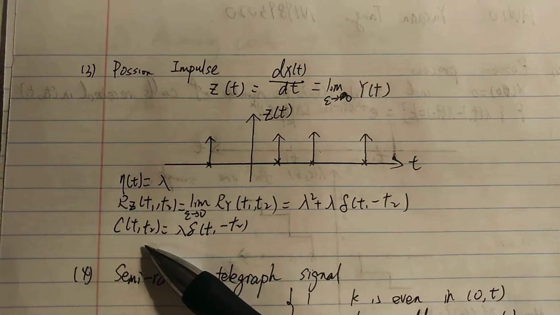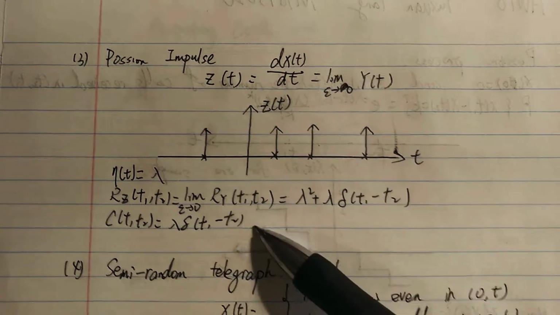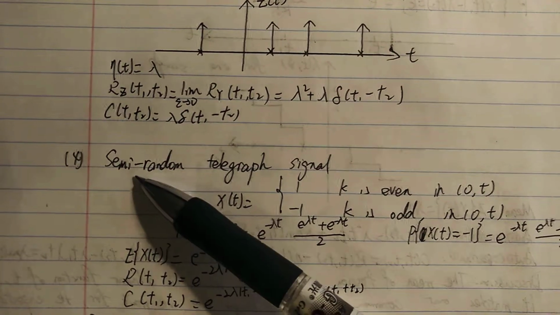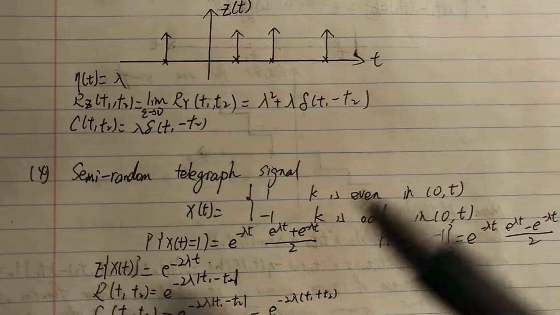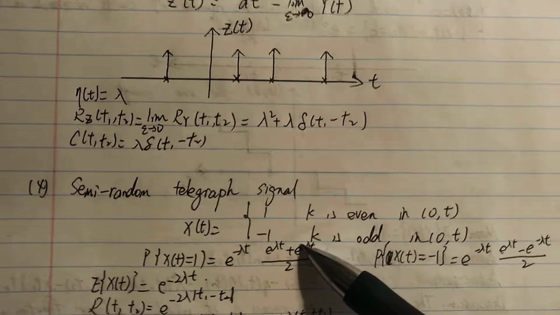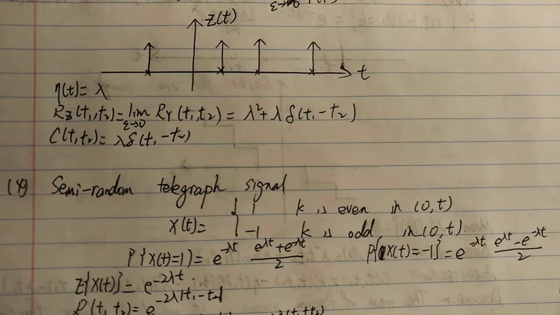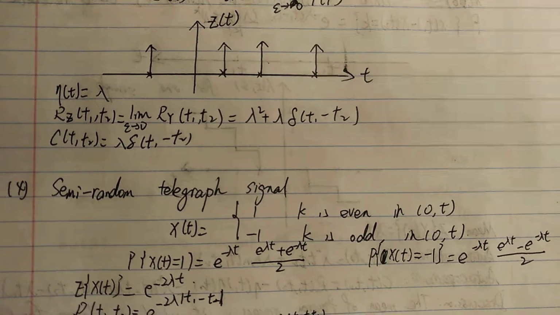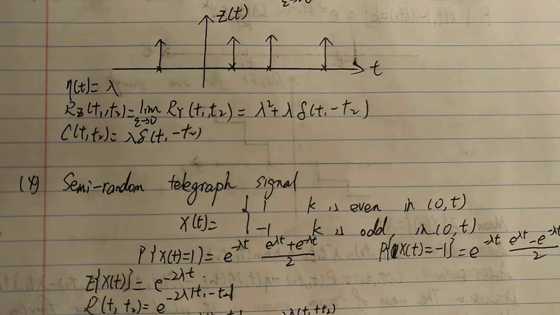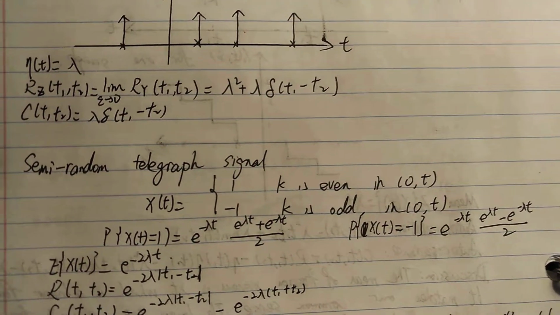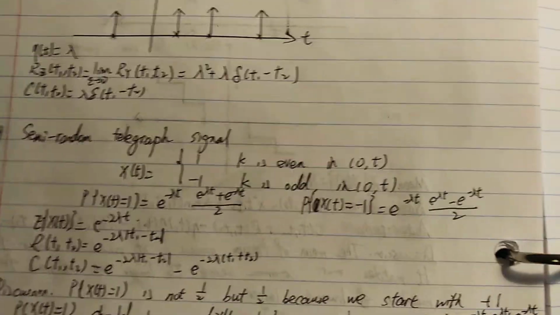And the autocovariance equals this one. And the fourth is the semi-random telegraph signal, which we define like this. Xt equals 1 if k is even in the period of 0 to t, and it's minus 1 if k is odd in the period of 0 to t.